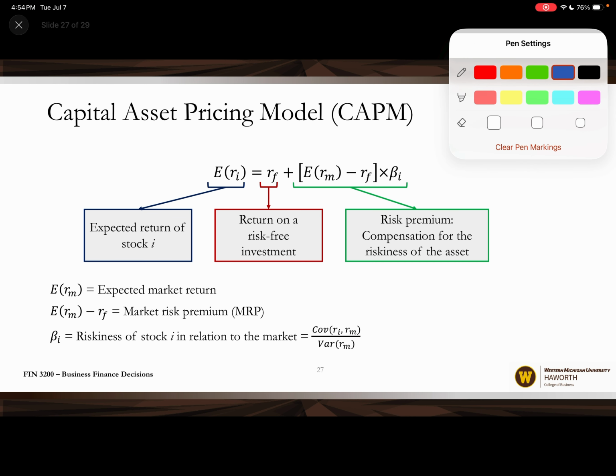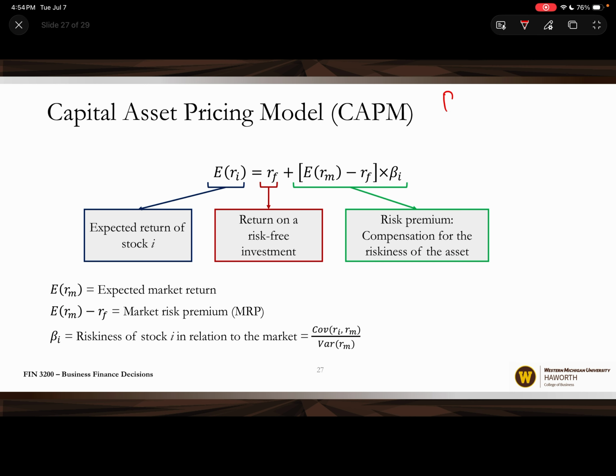We talked about this format many times. Return on a risky security is the risk-free rate plus the risk premium, right? We talked about this in bonds and stocks, but here we have a more detailed version.